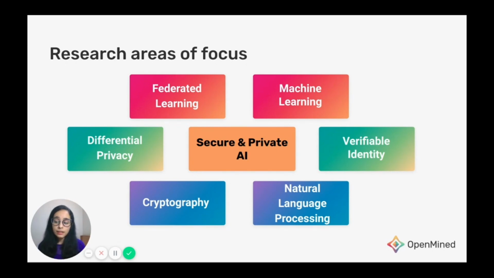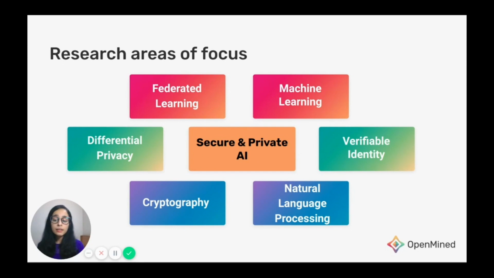The key research areas that we're currently working on, which will enable the creation of secure and private AI, are federated learning, a distributed way of performing machine learning, differential privacy, a mathematical guarantee on the user's privacy, cryptography, a smart and interesting way to establish secure communication, and verifiable identity. Within artificial intelligence, our focus is on machine learning, deep learning, and natural language processing.